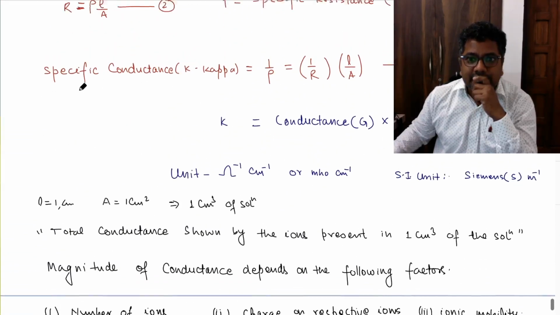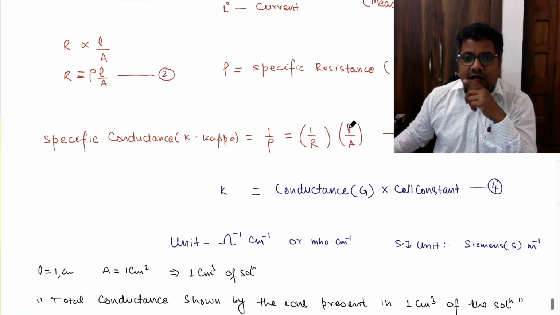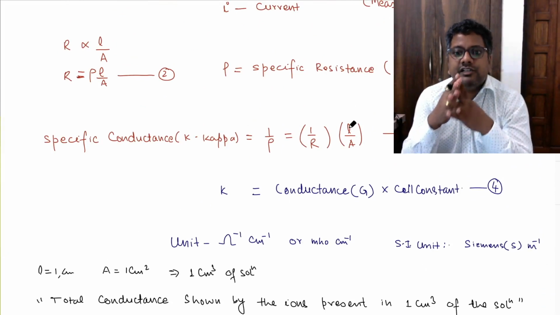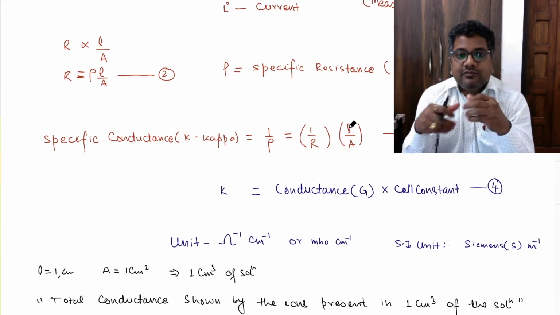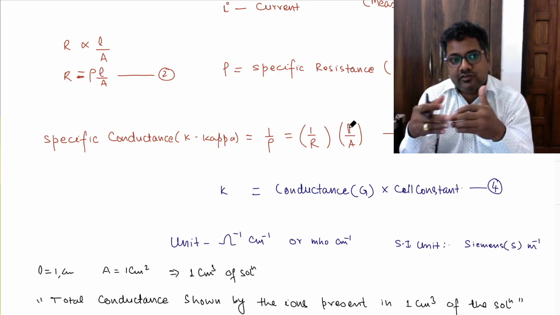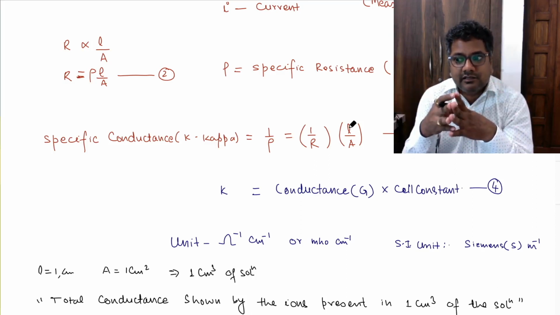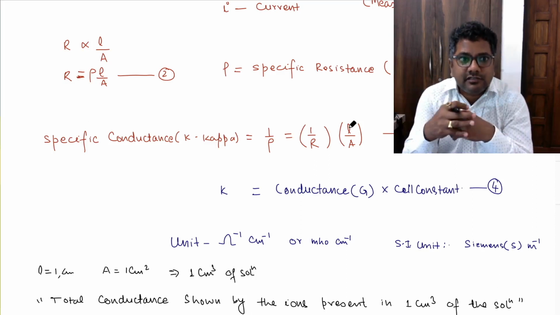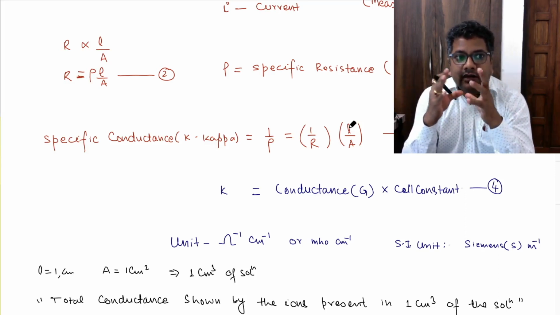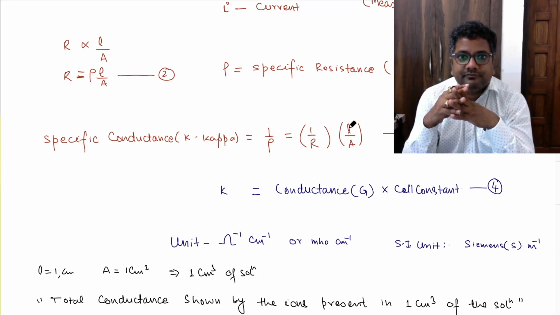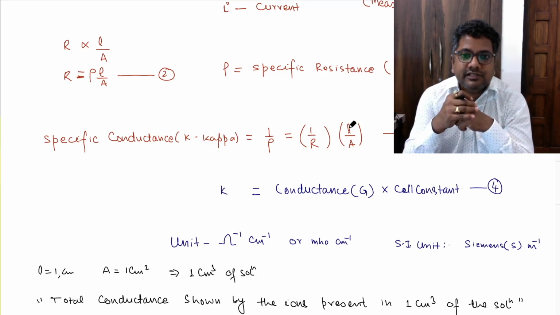One more thing. If you see this equation, there is no term which involves the concentration of the solution, which is very important, because if you dilute a solution, the number of ions may increase or may stay constant. Why? If the electrolyte is not fully dissociated, then with dilution the degree of dissociation increases, so the number of ions will increase.